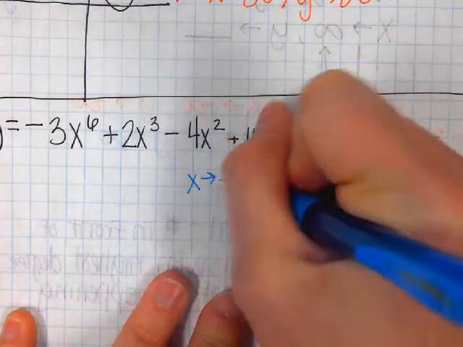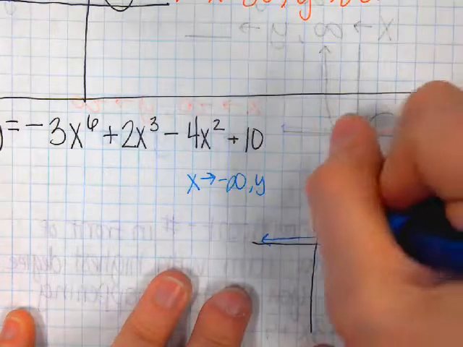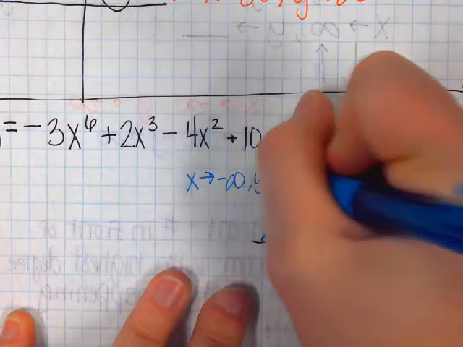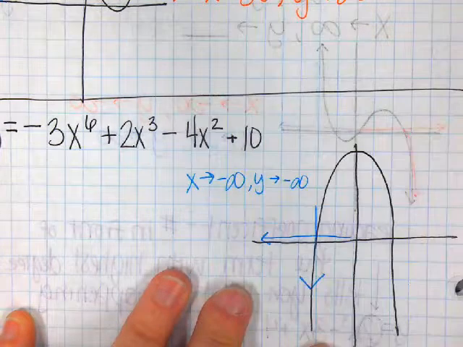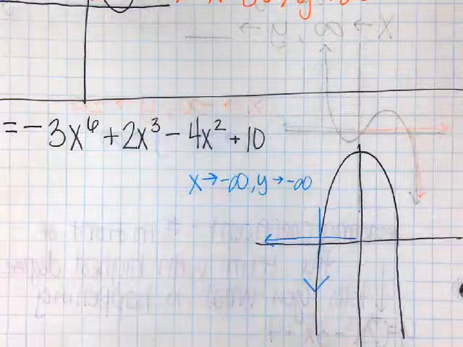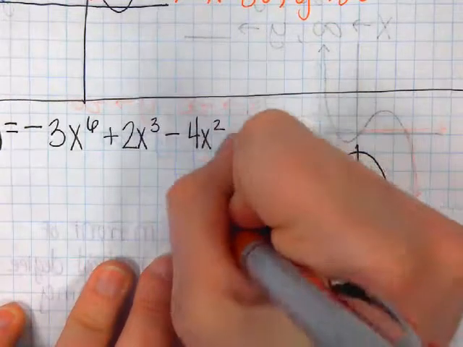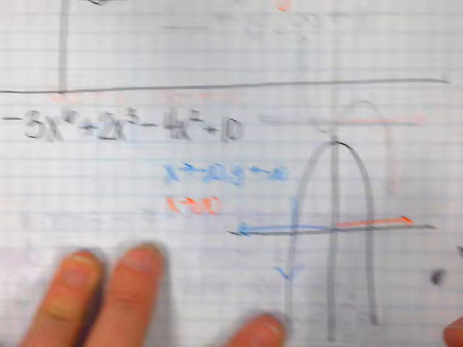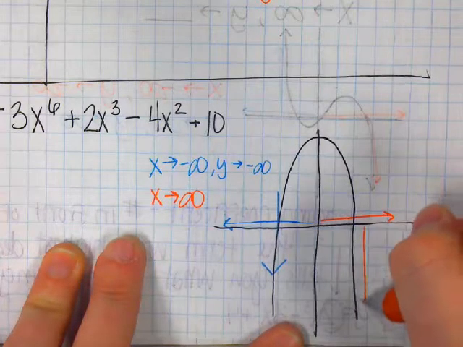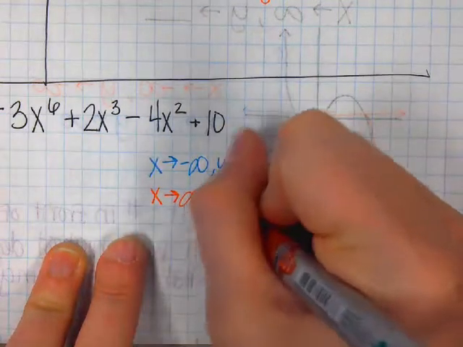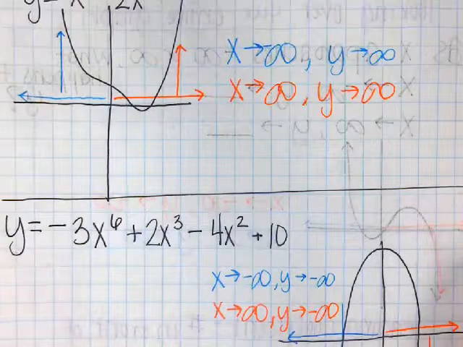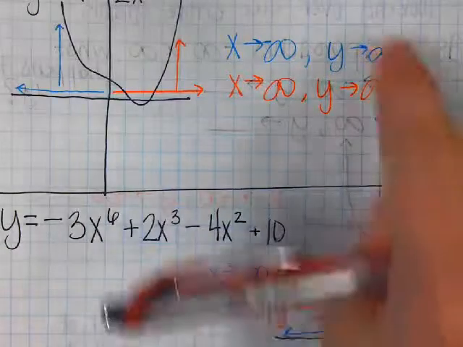So as x approaches negative infinity, y is going down. So y would approach negative infinity. And then as x approaches positive infinity, this is going down as well. So y approaches negative infinity.